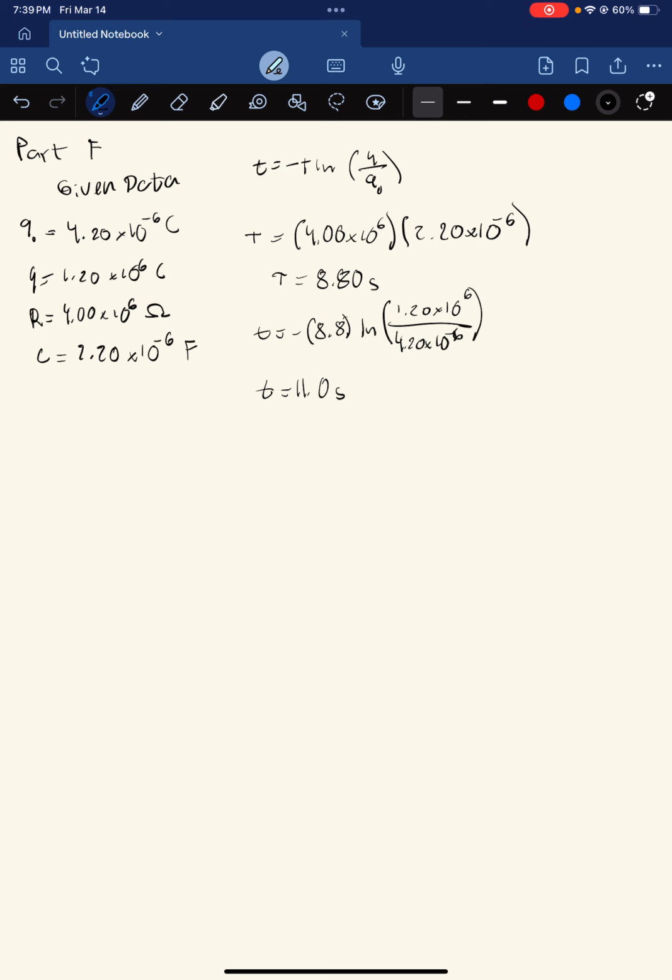Now we go with part G. For part G, what will be the current in this circuit at this time?